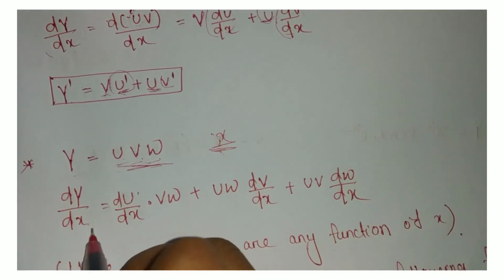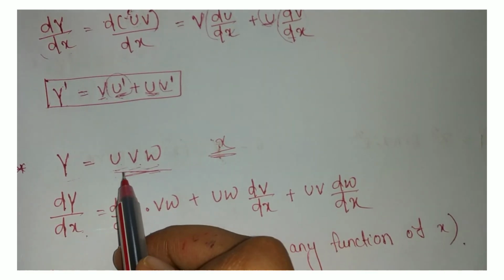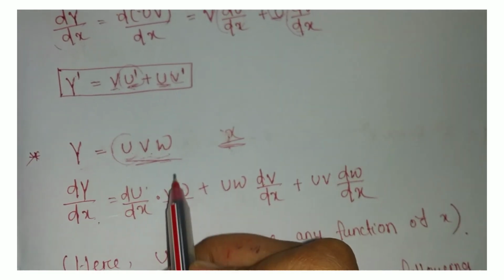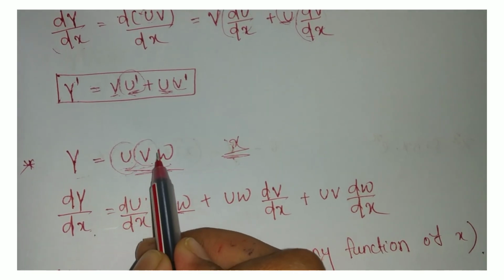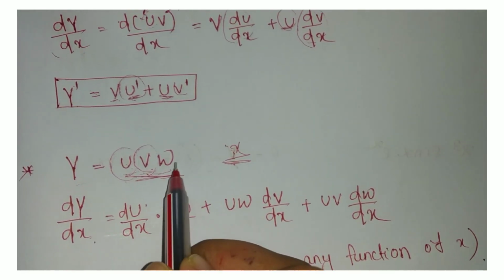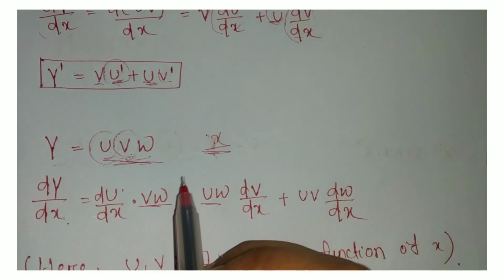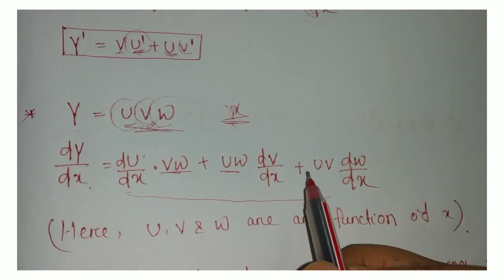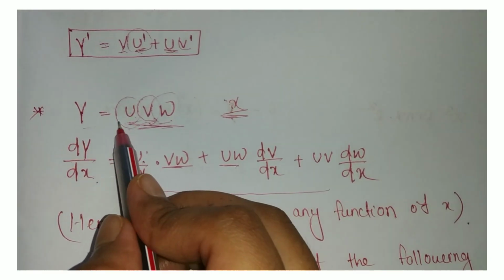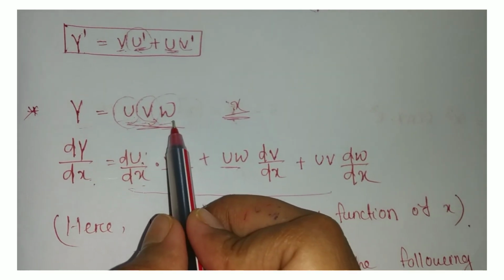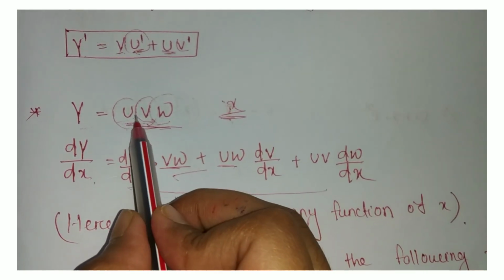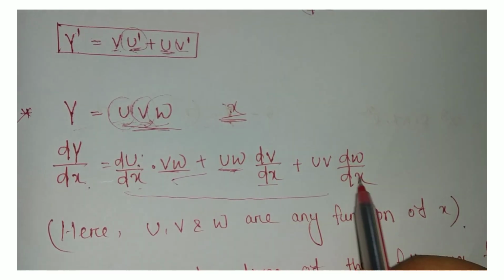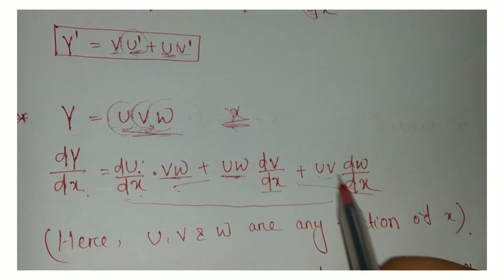So dy by dx is equal to the derivative of the first function into the second and third functions, plus the derivative of the second function into the first and third functions, plus the derivative of the third function into the first and second functions. That is, the derivative of u into v into w, the derivative of v into u into w, the derivative of w into u into v.